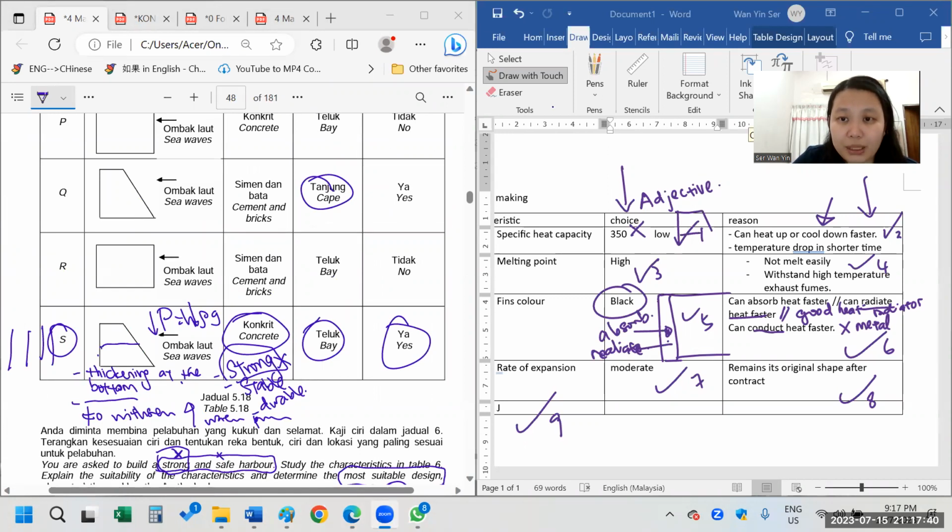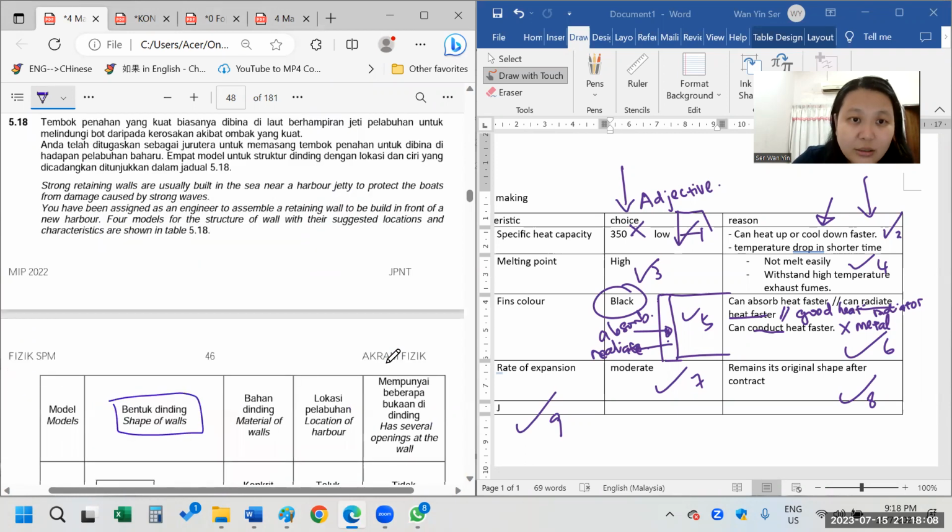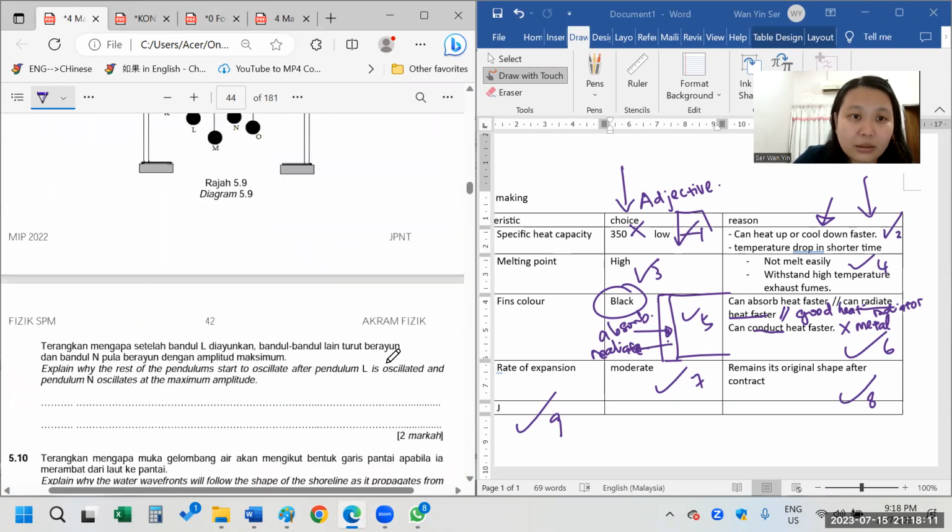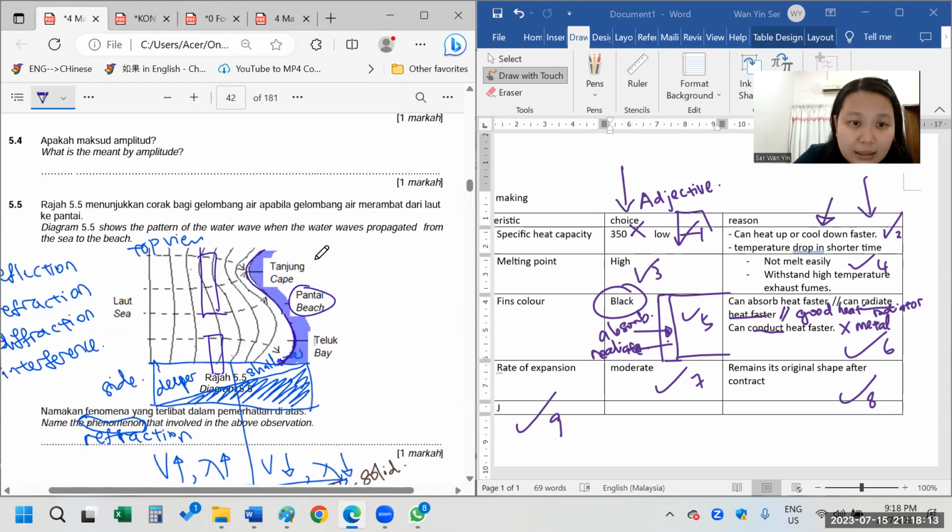Yeah, because it's shallower, so the wave speed is slower. Wave speed is slower, very good. Shorter wavelength. Calmer, very good. Energy is dispersed, yes, very good. Energy of wave is dispersed. So you can look back here.